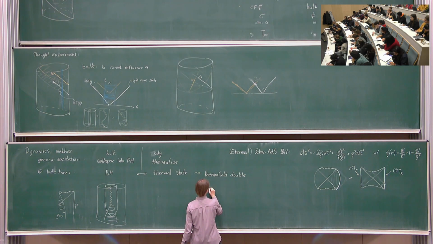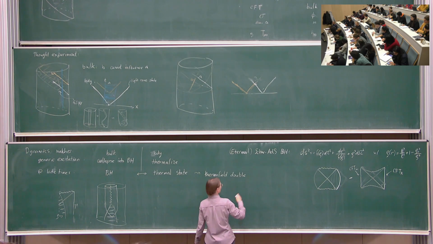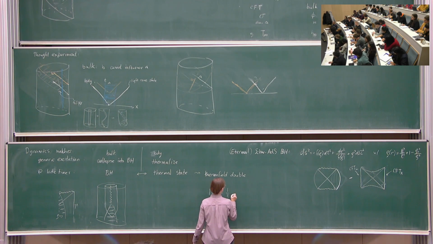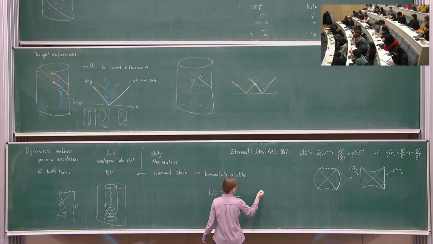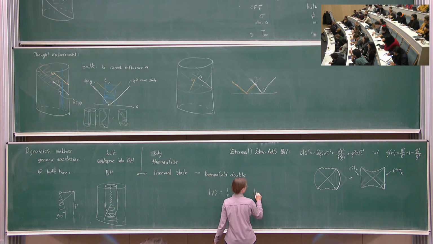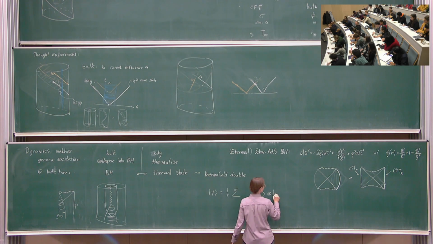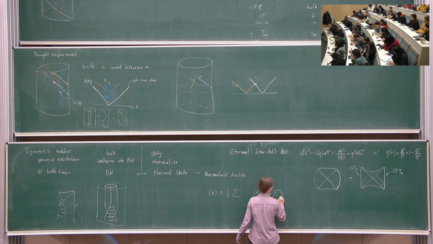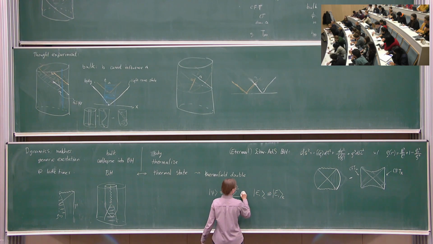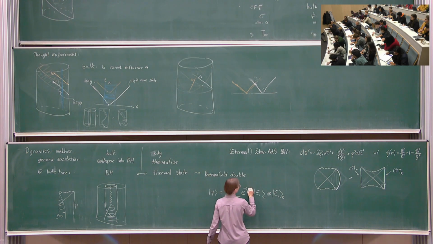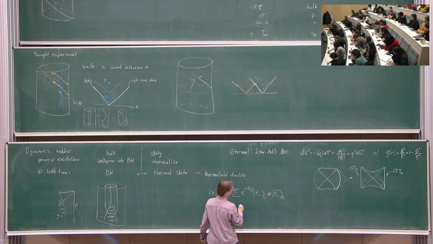Where you can take the full state, the collective one that describes this eternal black hole, up to some normalization, you can think of as taking the energy eigenstates in the left CFT, taking a direct product with the eigenstates in the right CFT, with a factor that for a temperature T, which is 1 over beta, you have e to the minus beta E_i over 2, summed over all the energy eigenstates.